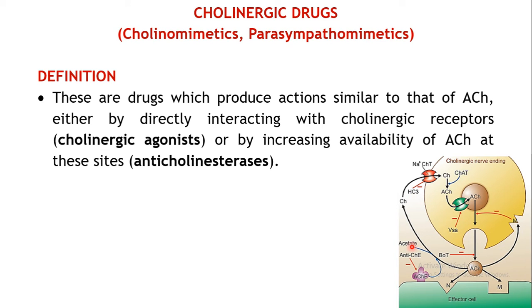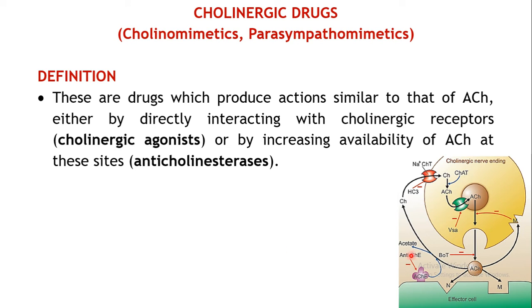So another way to produce the action similar to that of ACH is by increasing its availability. The first type has a direct effect on the receptors, but these drugs, anticholinesterases, act indirectly. They themselves will not go and bind to these receptors, but they will inhibit the enzyme acetylcholine esterase. That's why they are known as anticholinesterases.